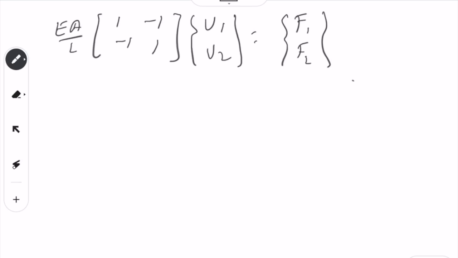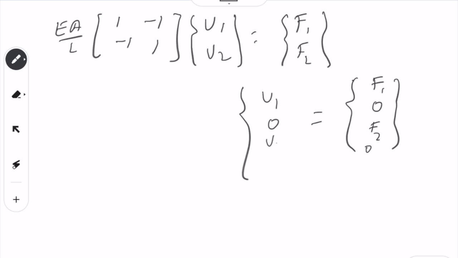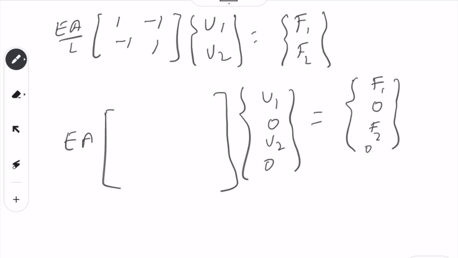If we write the same thing as f1 0 f2 0, and here u as u1 0 u2 0, we can also write this, just modify, such that always u1 multiplies to 1 only, u2 multiplies to minus 1 only, and so on.